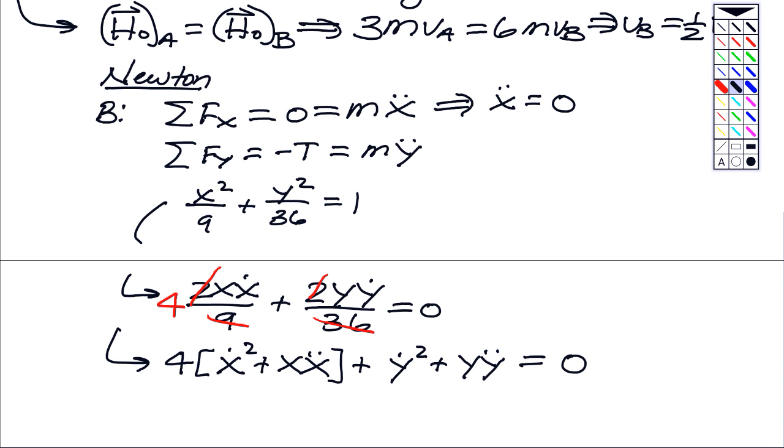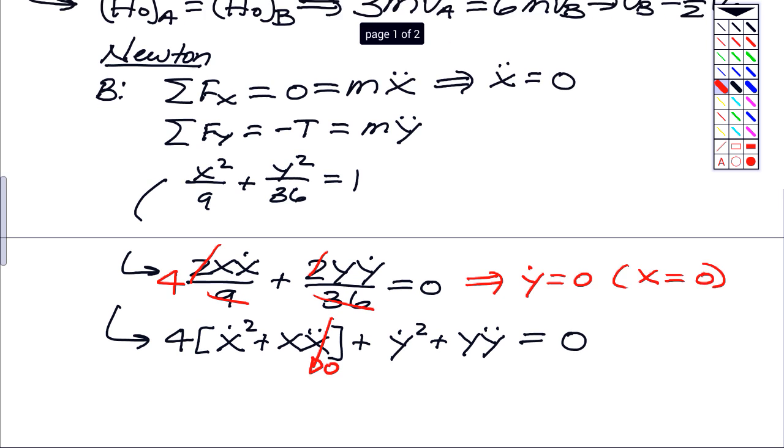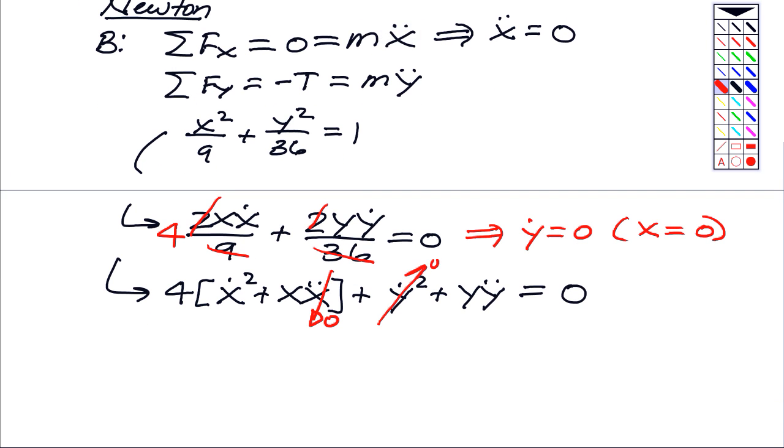What we see from here is that from above x double dot is 0. We also know from this equation that y dot is 0, which happens because x is 0. This is at point B. So we strike that out, and the thing that we need, y double dot, is equal to minus 4 x dot squared divided by y.